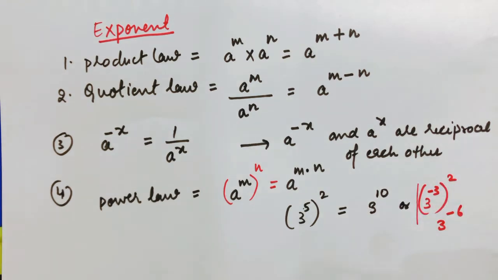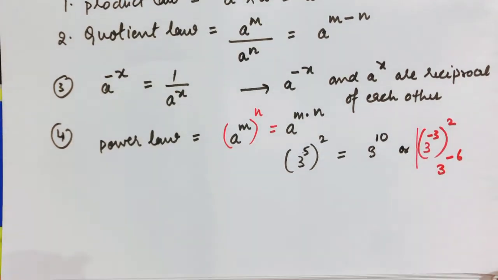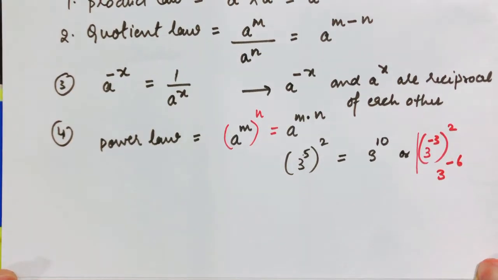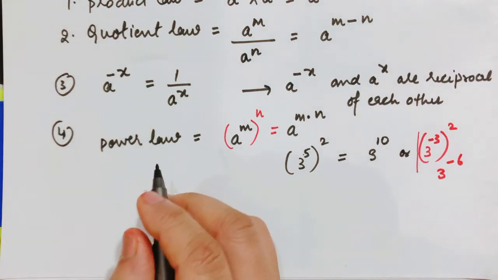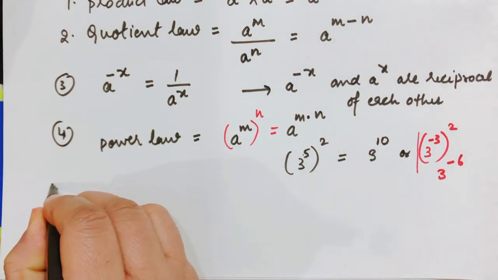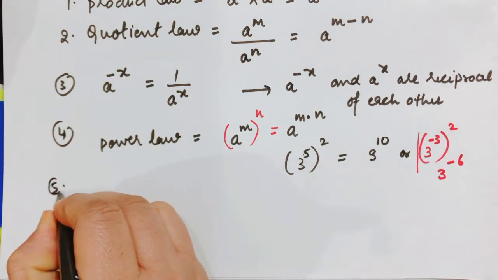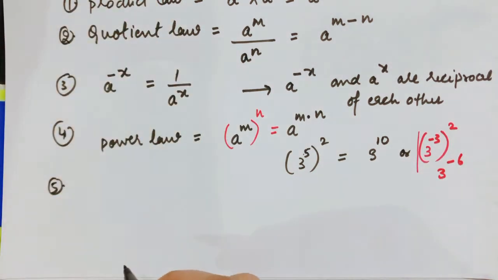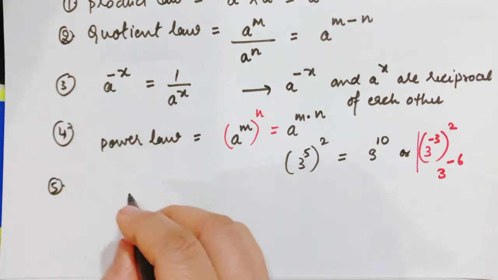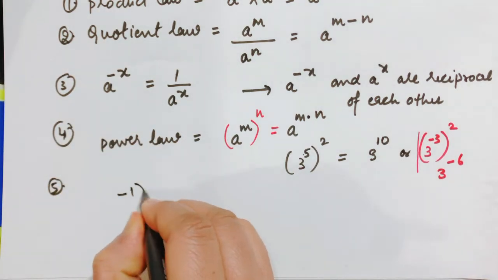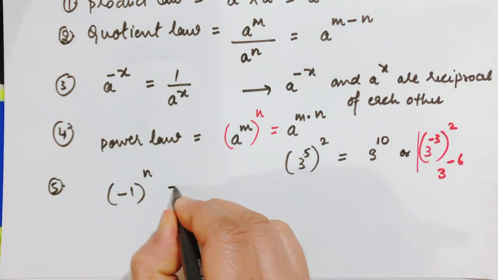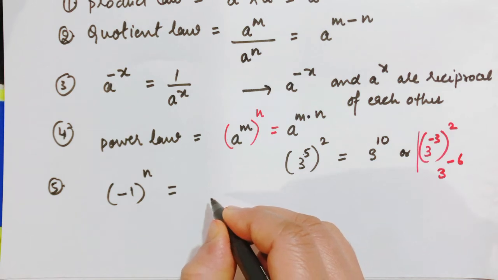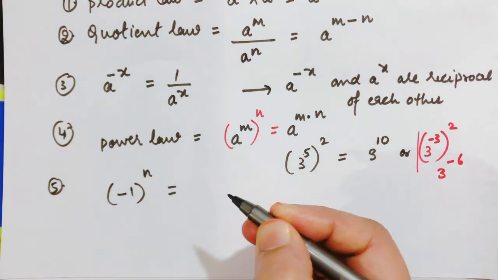बिकॉज बोथ ऑफ देम विल गेट मल्टीप्लाइड. अच्छा, एक बात और है यहाँ पे वेरी वेरी इंपॉर्टेंट, कि अगर आप लोगों के पास कोई भी नेगेटिव नंबर हो, जैसे फॉर एग्जांपल हियर लेट मी टेक अ नेगेटिव नंबर, minus 1 to the power n is equal to what?